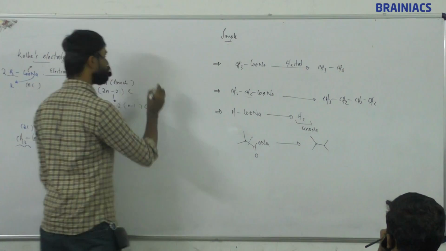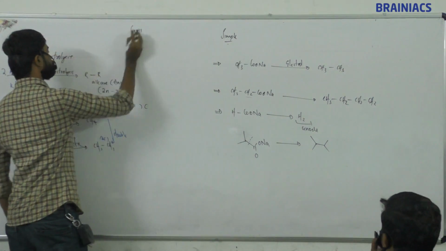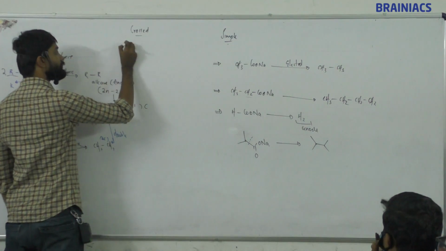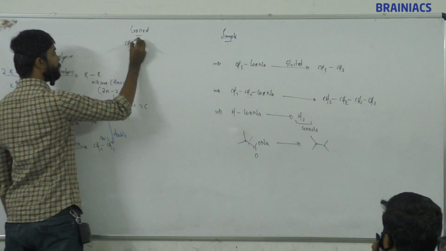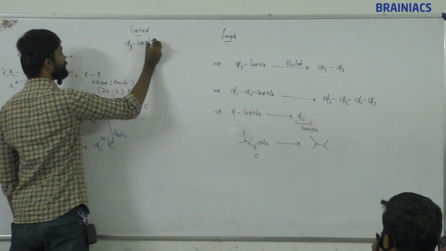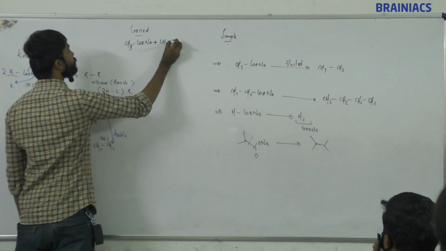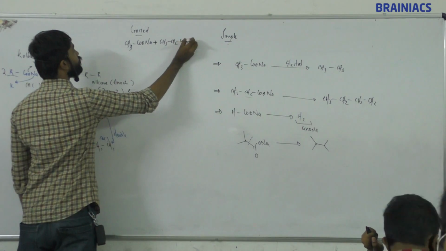That is simple. Crossed means the very same idea: CH3COONa plus CH3CH2COONa. What are the chances?